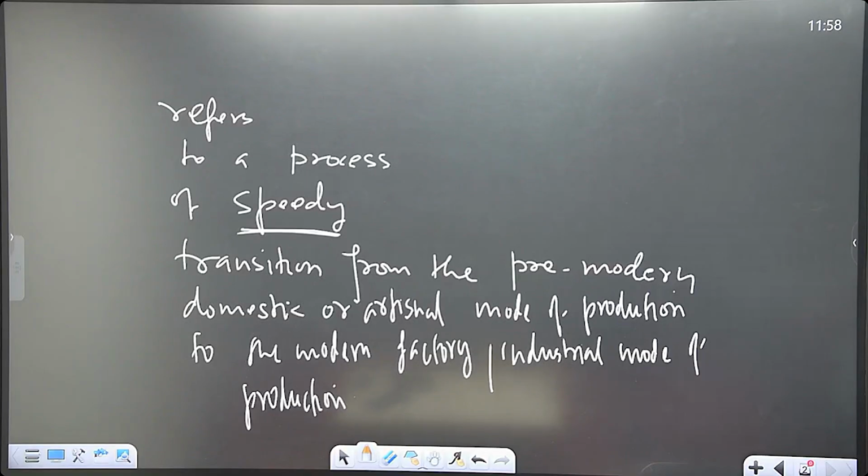Domestic mode of production or artisanal mode of production is associated with pre-modern societies, factory mode or industrial mode of production associated with the modern societies. Factories represent modernity in the same way as capitalism represents economic modernity. Is this understood? Clear? Resume your writing and write.